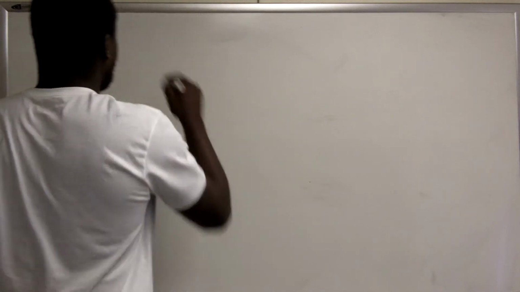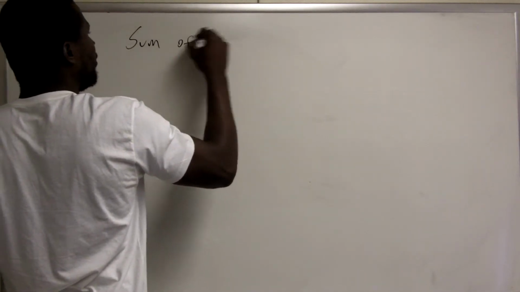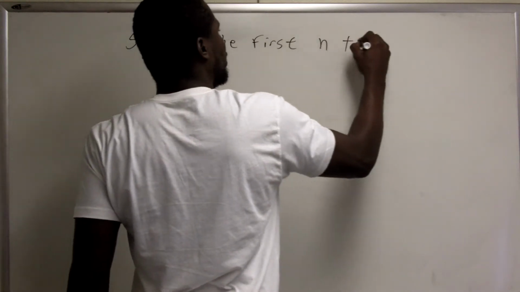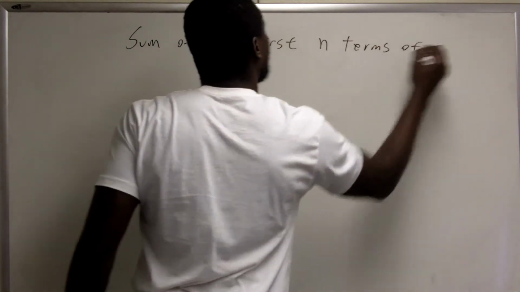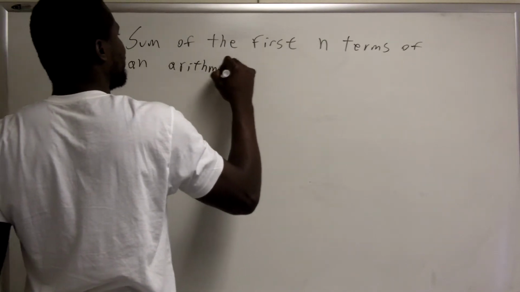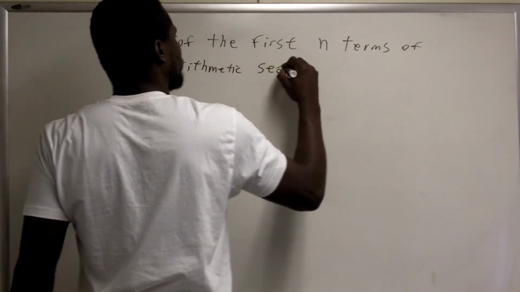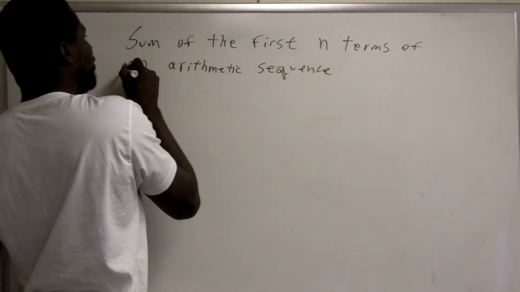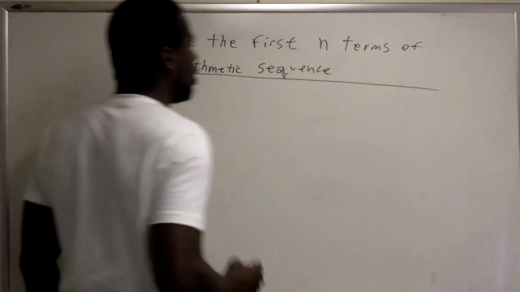So here's the sum of the first n terms of an arithmetic sequence. And this is more commonly referred to as the nth partial sum.